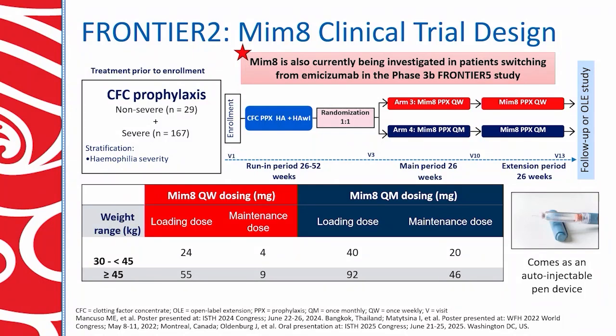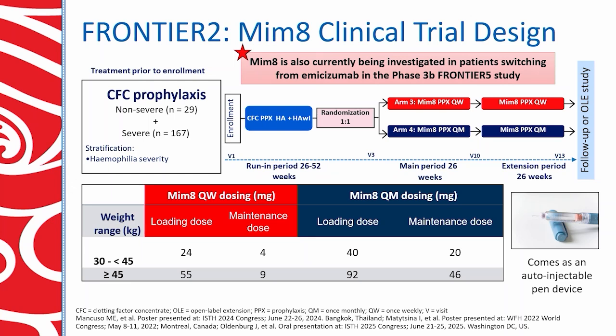So focusing on the FRONTIER 2 study and the treatment arm where patients were switched from clotting factor prophylaxis, non-severe, so moderately severe and severe hemophilia A patients, and they were randomized to be treated with a once weekly versus a once monthly prophylactic dose with Mim8.